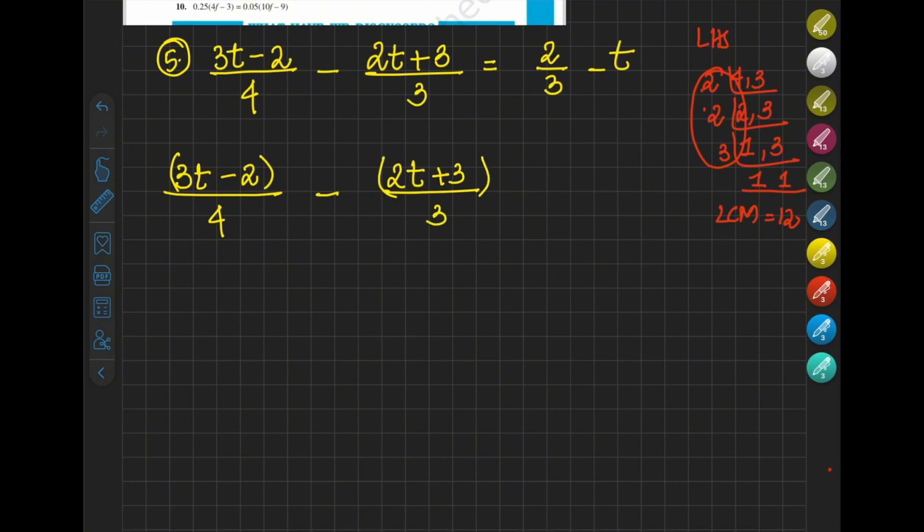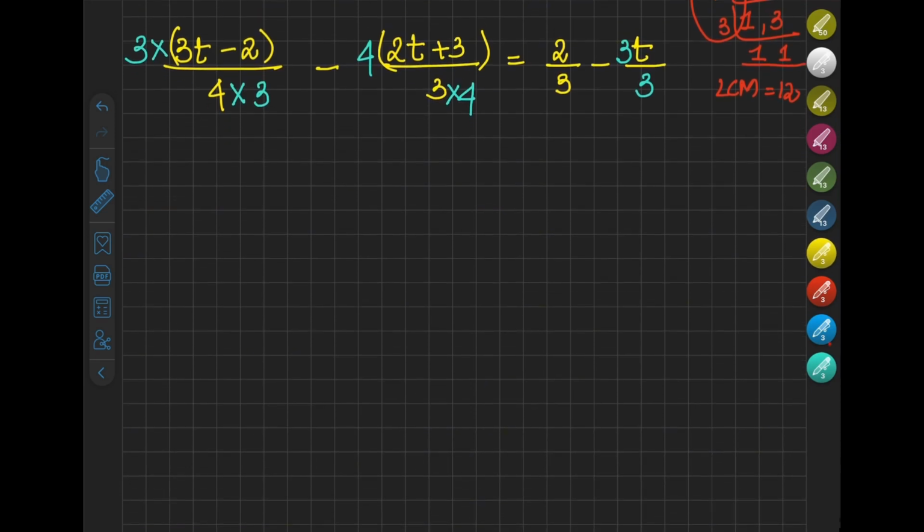And now we multiply the denominator here with 3 to make it 12. So we do the same in the numerator. Here we multiply it with 4. So we do the same in the numerator. Now the LCM of the right hand side is 3. So we multiply the numerator and denominator with 3.